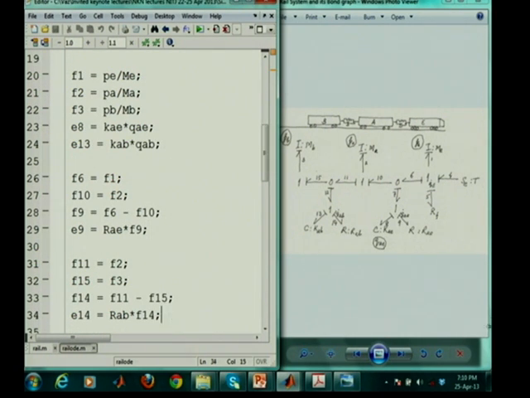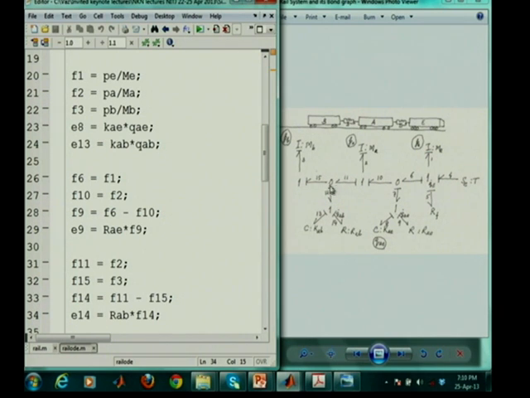Then come to this. What does this R element give to the system? It gives effort 14. Effort 14 is equal to what? RAB into flow 14. Flow 14 is equal to flow 12. What is flow 12?